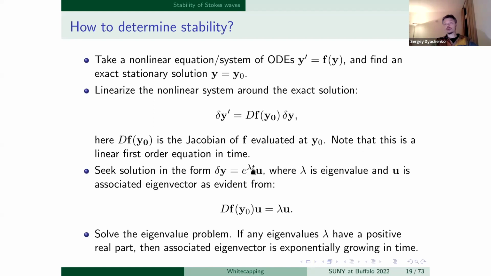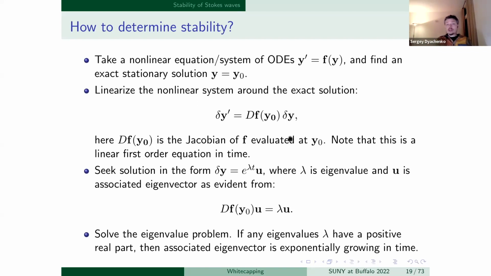So as t increases, you get u being multiplied by larger and larger values, right? If you have e to the power, say, 5t, then as t grows, this exponential would be growing also. So you'll be seeing some sort of exponential growth of instability.